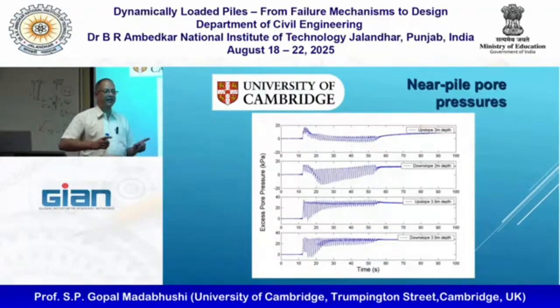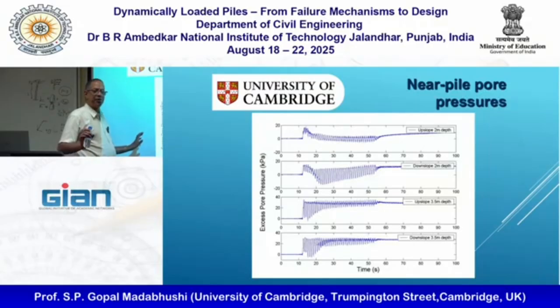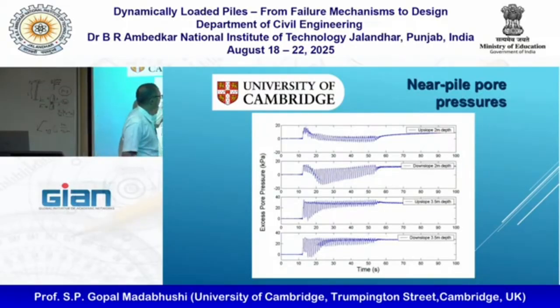Firstly, although they're next to each other on either side of the pile, the response is very different, right? There should not be any controversy about that, because you can see that's gone up and doing that, this has gone up, and these are producing really big suctions here.